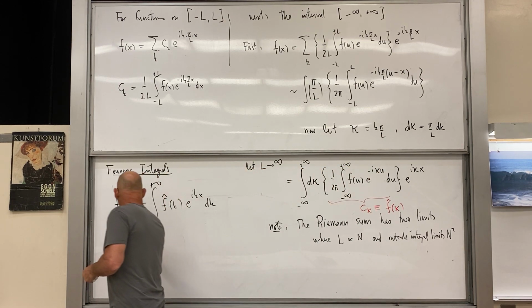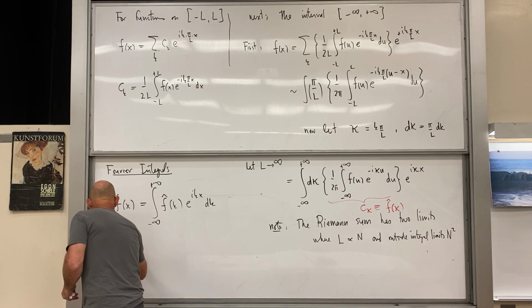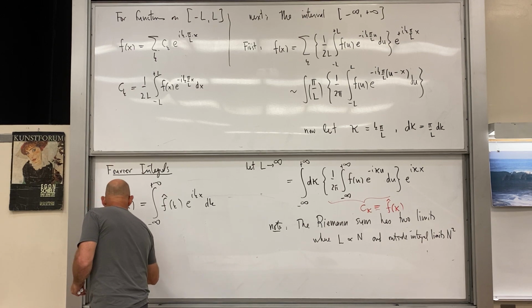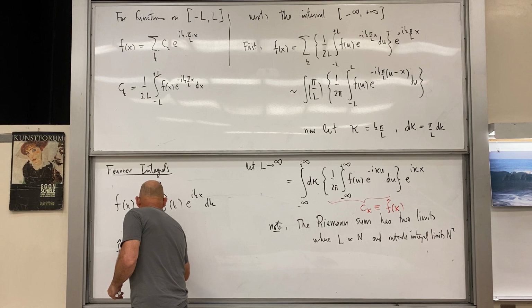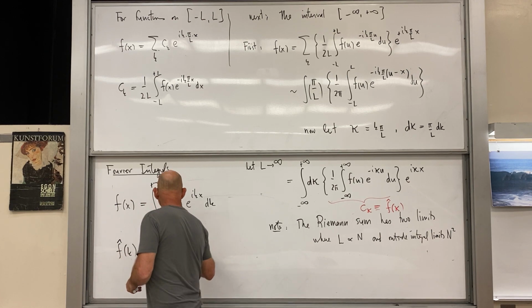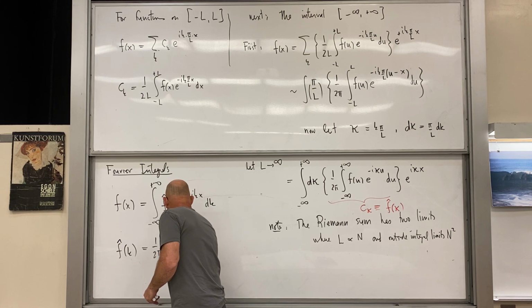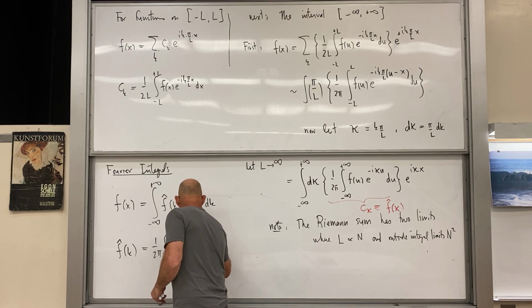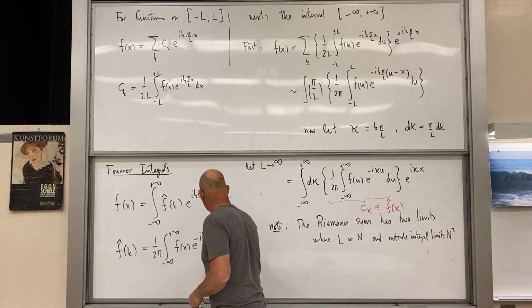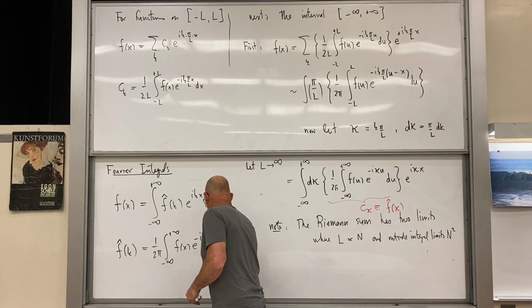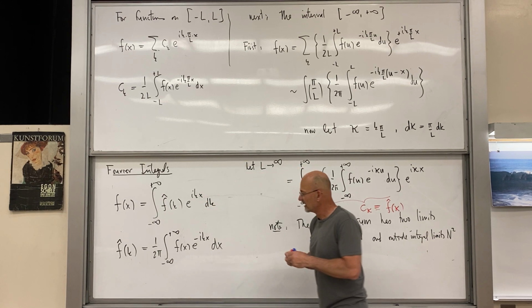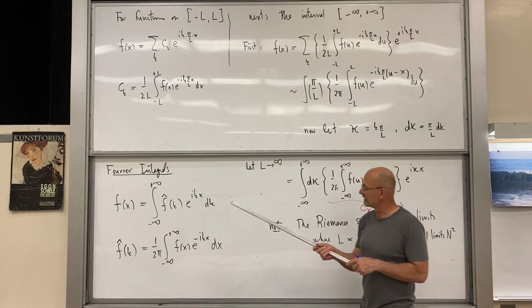So there's the Fourier integral, and then the formula for the Fourier transform is 1 over 2 pi, integral from minus infinity to plus infinity of f of x e to the minus ikx, and this time dx. Kind of want to avoid making that mistake there, right?